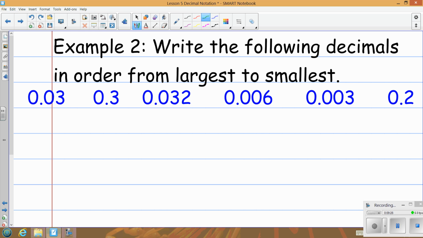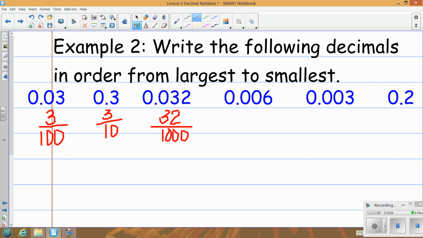So let's take each piece and let's rewrite it as a fraction. So this first decimal, 0.03, the 3 is in the hundredths, so that means it's going to be 3/100. 0.3, the 3 is in the tenths place, so it's going to be 3/10. 0.032, the ending number is in the thousandth position, so this is really 32/1000.